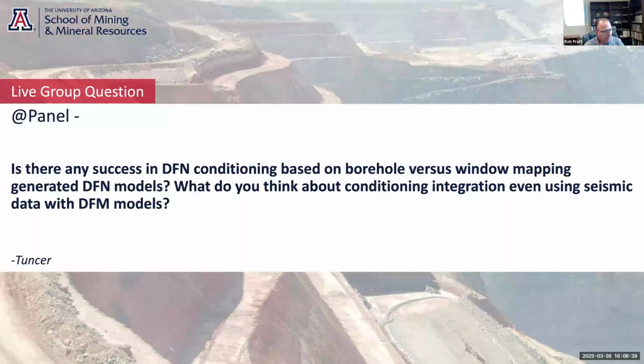In other words, if you pile assumption on top of assumption, you get to the point where you lose confidence in your model. I think taking the step of conditioning on the seismic data would be very difficult, or at least I haven't seen anything like that. If there are any thoughts on how that might be done, that might be curious, but you'd have to do so with great caution.